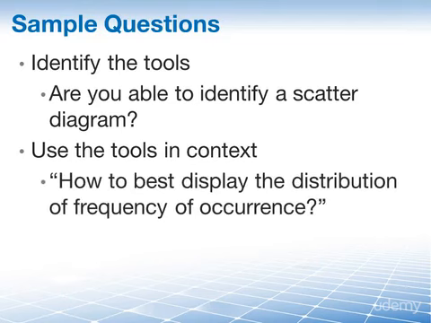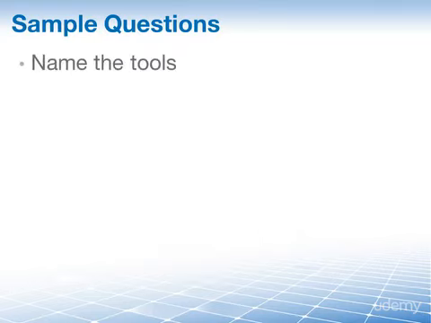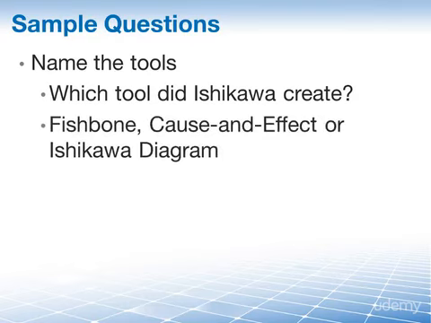If I asked you how to best display the contributions of frequency of occurrence in your sample results, then you must be able to tell me that I should be using a Pareto diagram. Third, you must be able to give the tools their name. If I asked you the name of the tool that Ishikawa created, then you have to tell me that it is called the fishbone diagram, the cause and effect diagram, or the Ishikawa diagram.